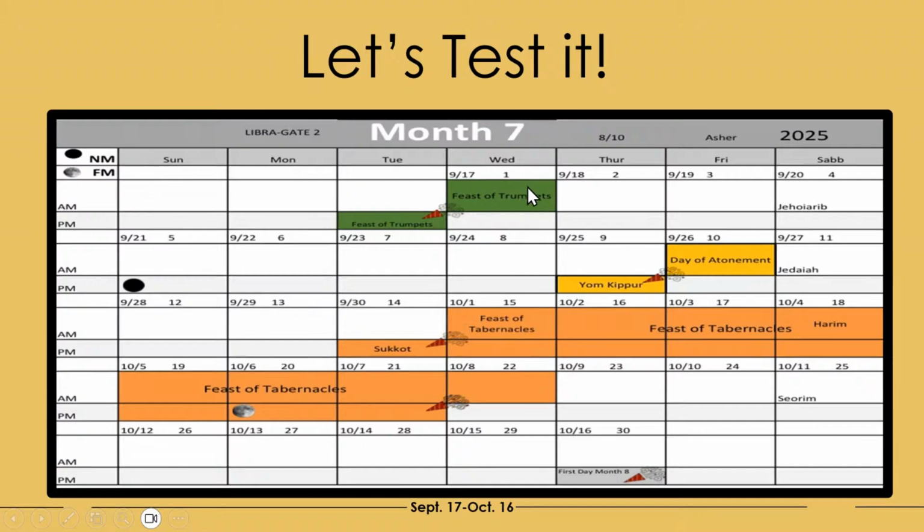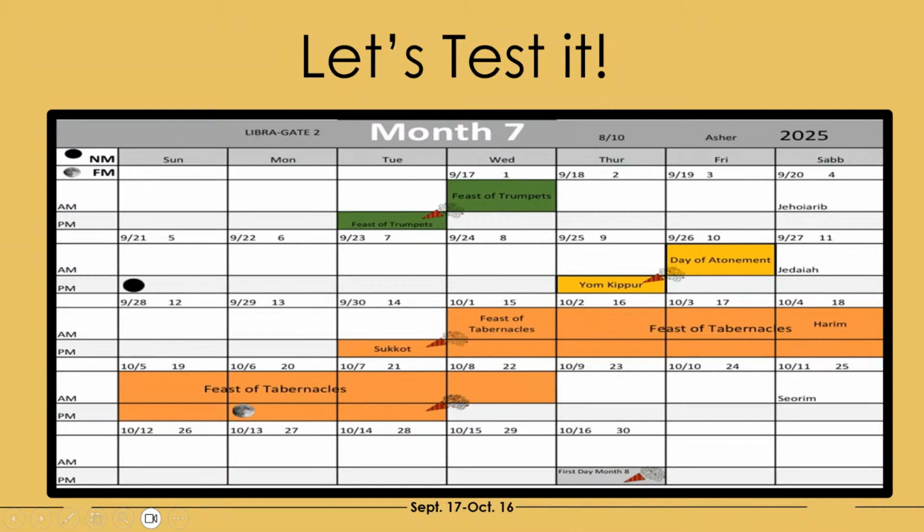So I didn't intercalate this year. So our 7th month began on September 17th. Okay, for those who intercalated, they began on September 24th, right? All right, we'll get to theirs in a little bit. So ours started September 17th and it goes until October 16th.